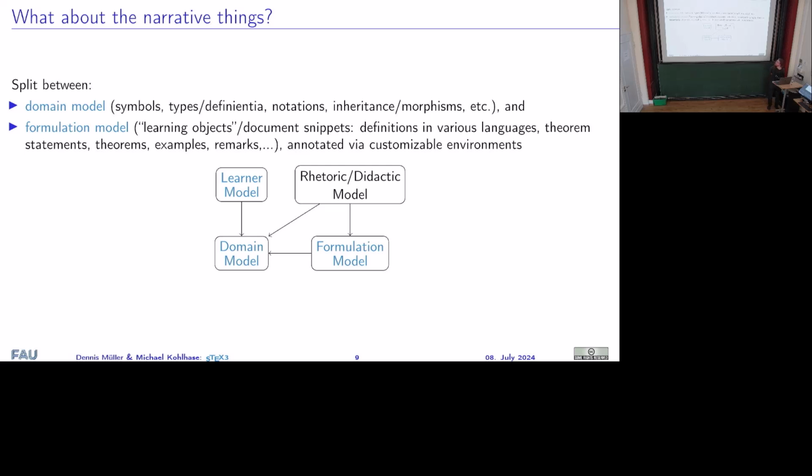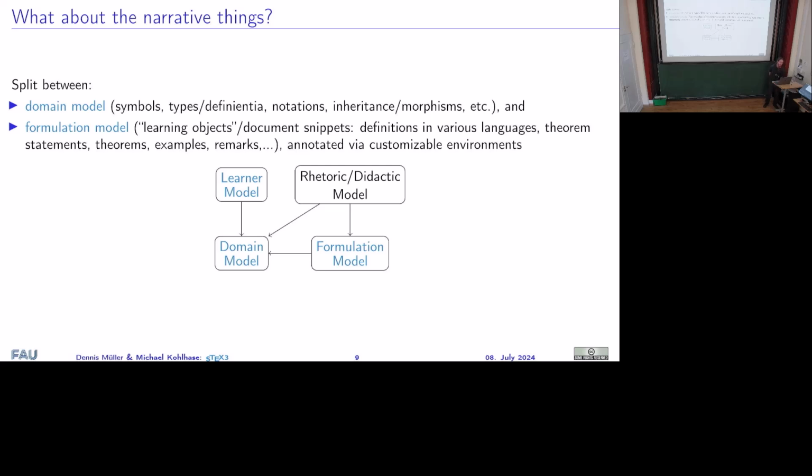And then there's the formulation model, which you're also able to share, but more importantly, you can customize that to however you want things to look like. Those are things like informal textual definitions of things in whatever language you speak and or want to speak, theorem statements in a readable manner in whatever natural language you want to use, theorems, examples, remarks, all of these things.